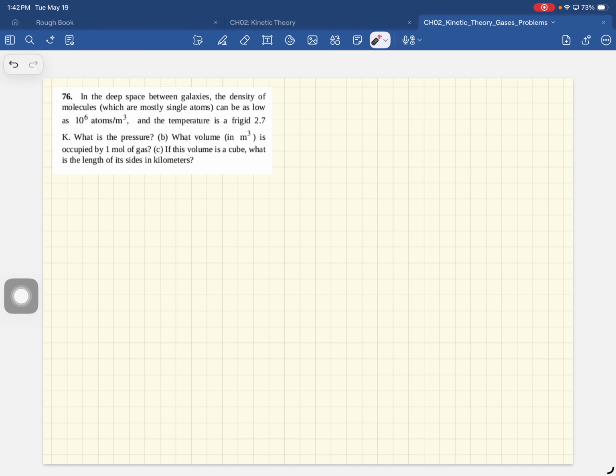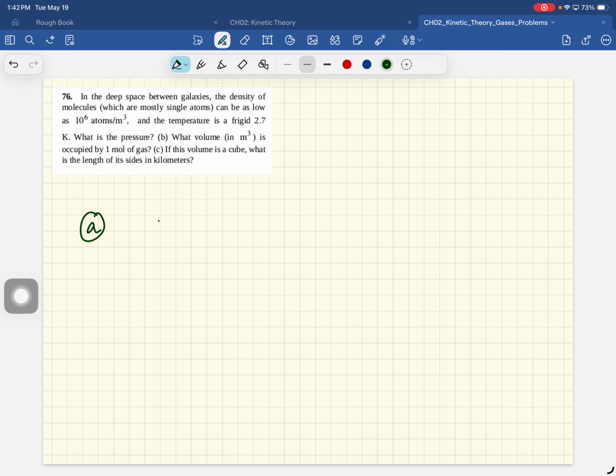Find the density of air inside the balloon. So the density: 1 mole, 28.96 times 10 to the minus 3 kg per mole. Volume 1 meter cube. The pressure is 1 atmosphere.